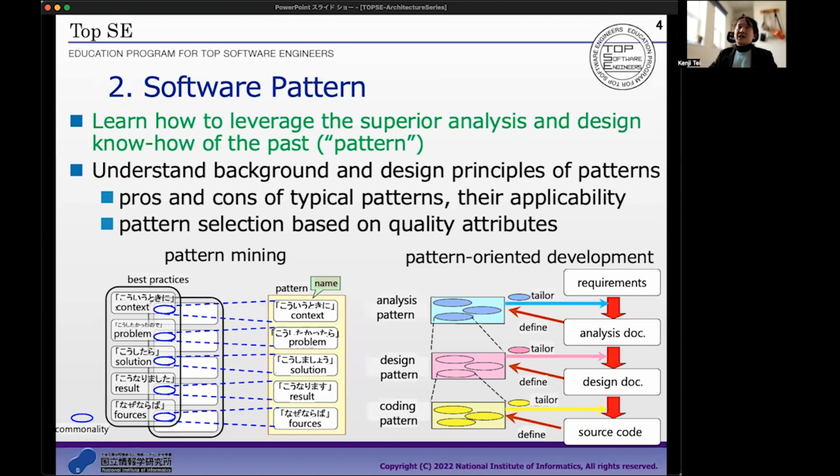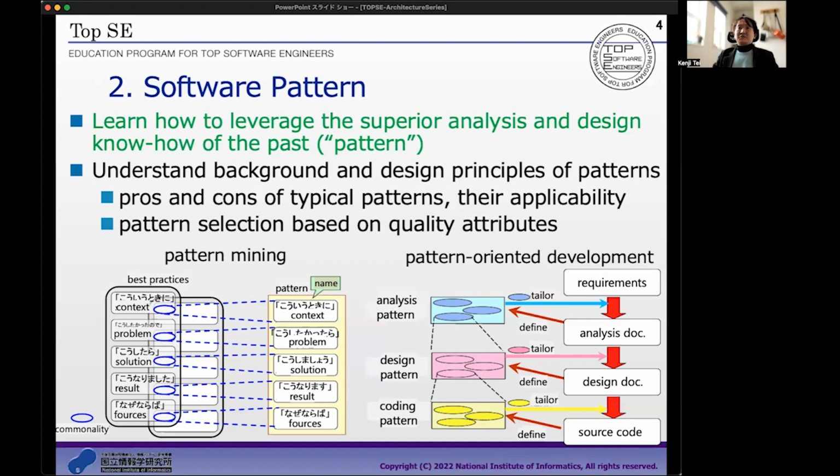The engineer should carefully choose appropriate patterns by considering both the pros and cons of the given patterns. So this course lets students understand the background design principles of the patterns and do many exercises on pattern selection, on how to select the appropriate pattern for the given situation.